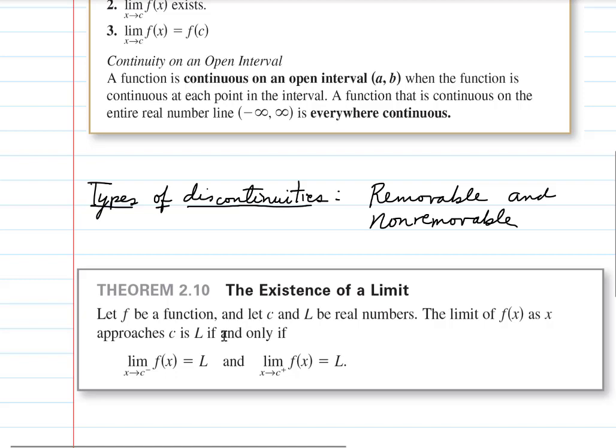Notice here the if and only if in this statement. That means this has to be true if the limit actually exists. And if the limit exists, that means the two one-sided limits also exist and they equal each other, right? Coming from the left, you represent that with a negative superscript, and coming from the right with a positive superscript.